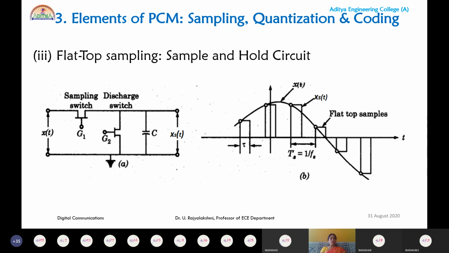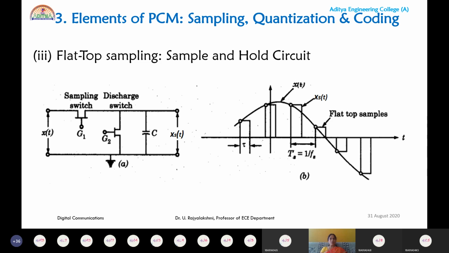Whenever the sampling switch is closed, when G1 is on and G2 is off, the capacitor charges to the maximum extent of x of t. Here the charging time and discharging time are assumed to be negligible values. So the pulse magnitude rises to the maximum extent of x of t.